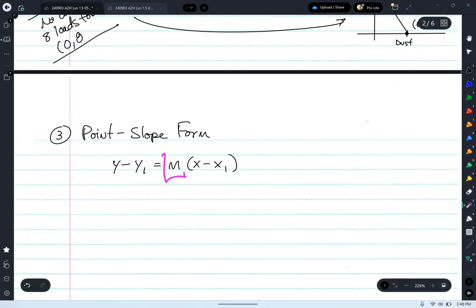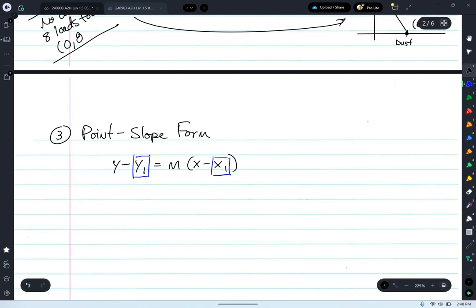Now, your m, of course, is still your slope. This x, without the sub number on it, is the input to your function. This y, without the sub number on it, is the output to your function. So then the question becomes, what is this x sub 1 and what is this y sub 1? And that is the point of point slope form.